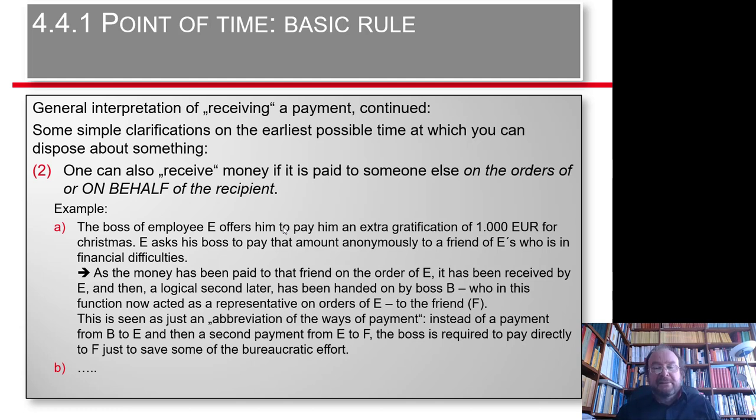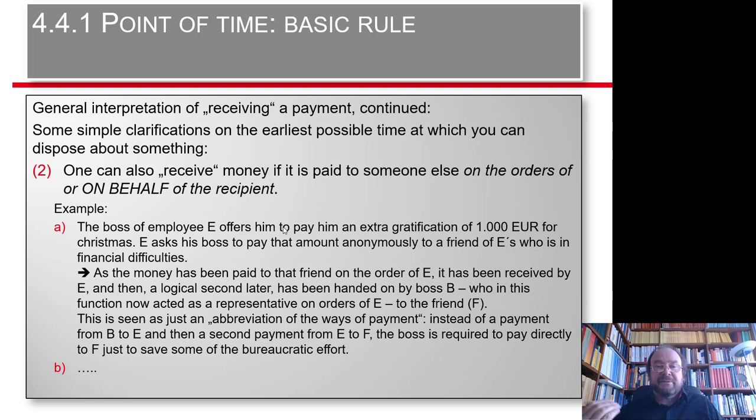Now the money has been paid to that friend on the order of the employee. The boss acted on the employee's behalf. So what was below is natural. The boss wanted to make a payment to the employee, the employee wanted to make a gift to the friend, and these two payments were just abbreviated by paying in the direct way.